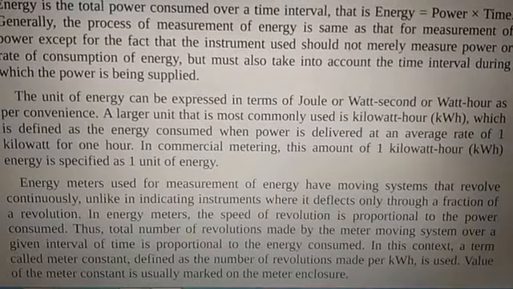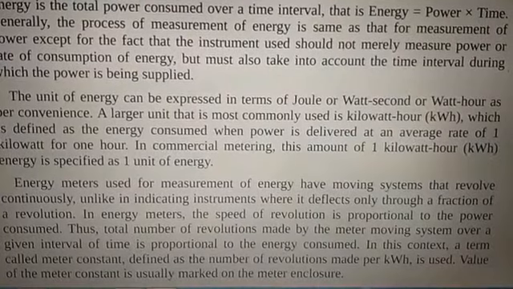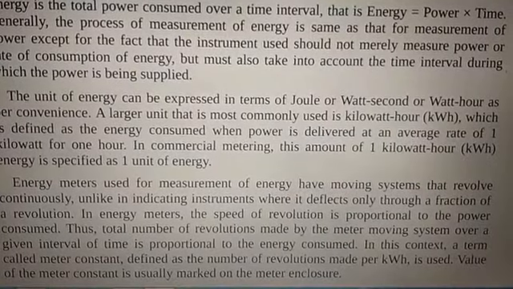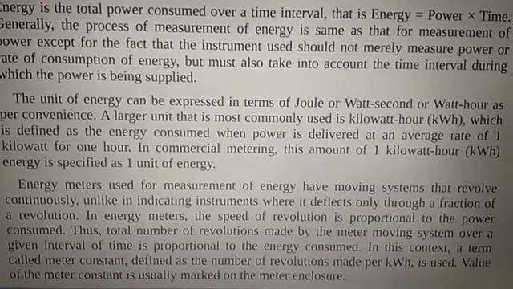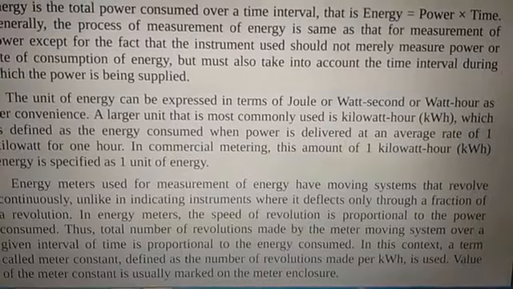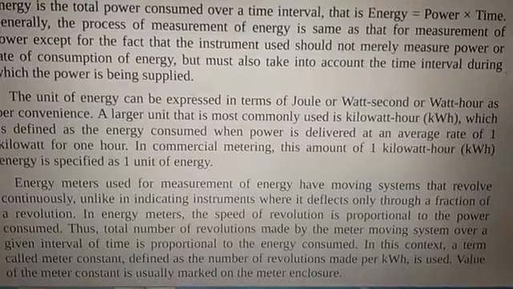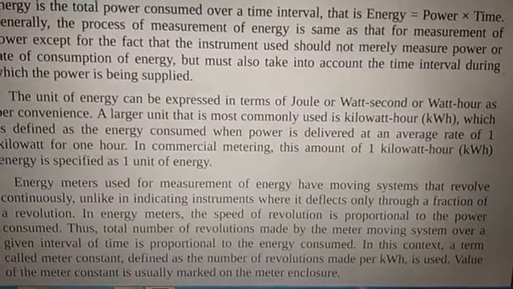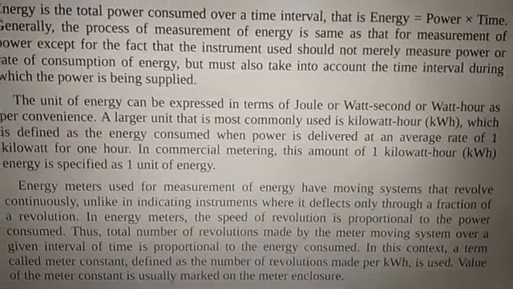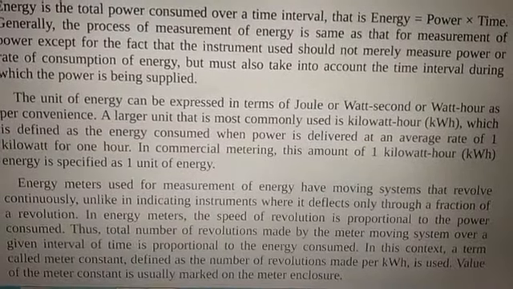Generally we use the induction type of energy meter, and in the induction type of energy meter, due to the generation of fluxes, a force is generated on the disc, and then there is a revolution of the disc which can be calibrated in terms of kilowatt hour, by which we can take the reading of energy in units. Remember that 1 unit of energy means 1 kilowatt power is supplied for 1 hour continuously.